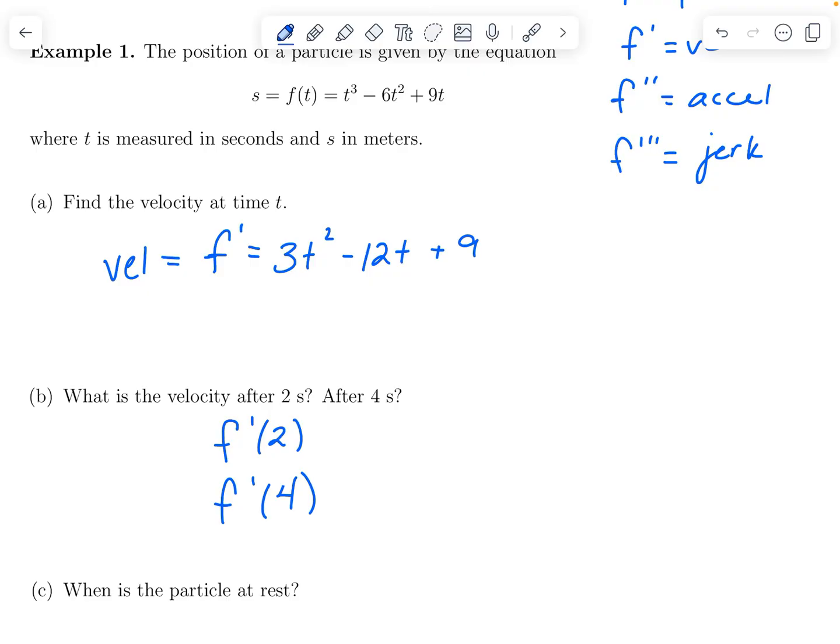If I plug these into a calculator, I should get f prime of 2 is 3 meters per second. F prime of 4 is going to be 9 meters per second.